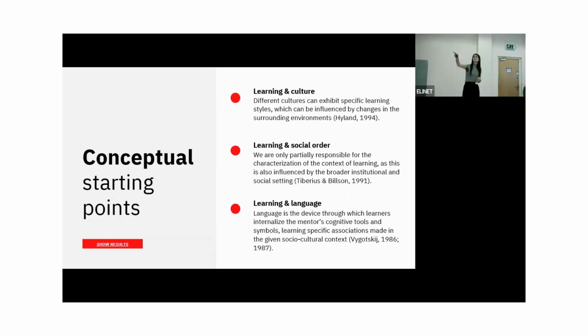If you look at the last paragraph, it says, language is the device through which learners internalize the mentor's cognitive tools and symbols, learning specific associations made in the given sociocultural context. There are a few important things here. One is, of course, knowledge. The other one is language, which is understood as crucial to this process. And the third thing is culture, because language and culture possess a very profound connection that is not necessarily possible to disentangle.